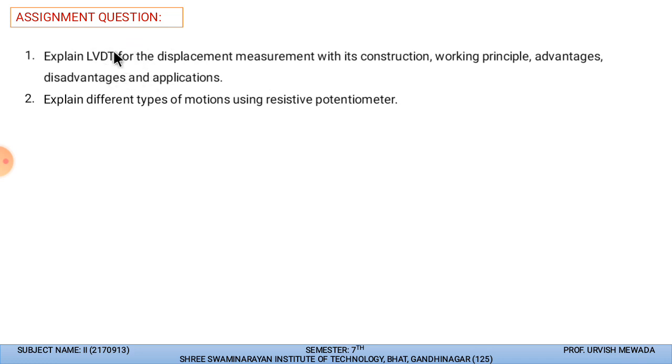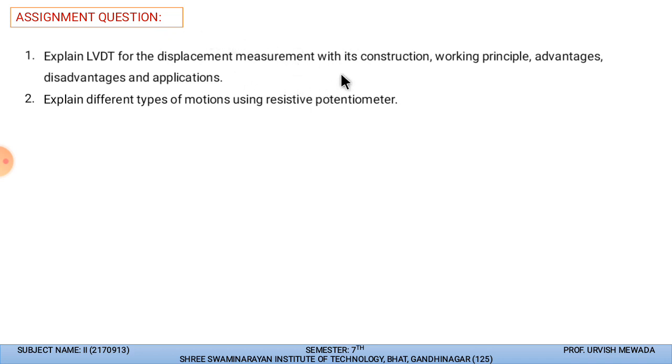They write LVDT for displacement only, but please check which application is asked for this transducer. This is the first thing. And the second thing is that you have to draw the windings on the secondary side in a differential manner. Keep this in mind while you write about the LVDT.